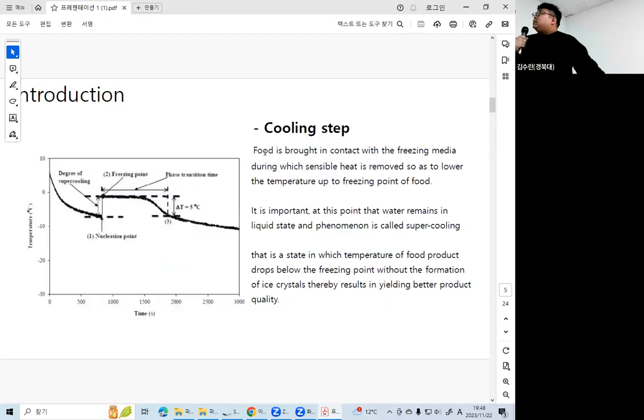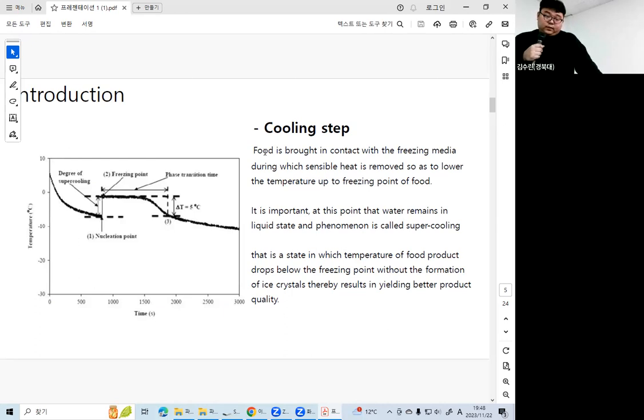The first step is the cooling step. Food is brought in contact with the freezing media, during which sensible heat is removed to lower the temperature to the freezing point of food.